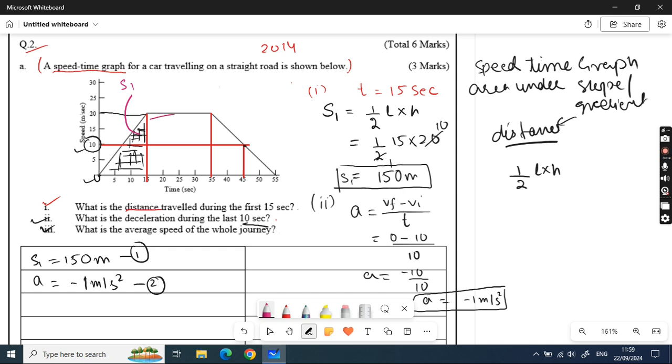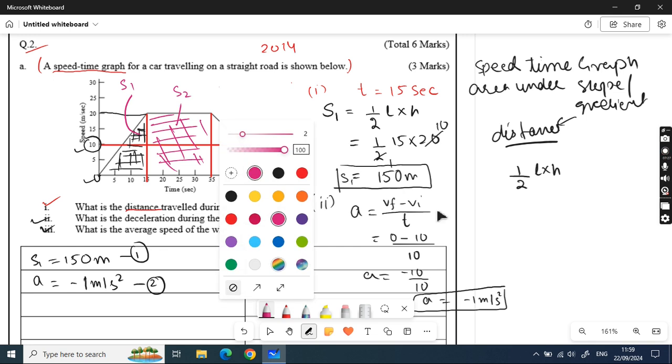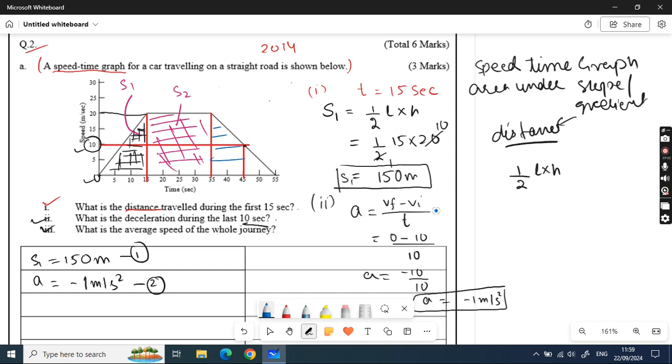Now we consider this rectangular part, whose distance we call S2, and then in the last one we consider that triangle, whose distance we call S3. We will add S1 plus S2 plus S3 to find the total distance, right? Once we find the total distance, then we find the average speed of the whole journey.